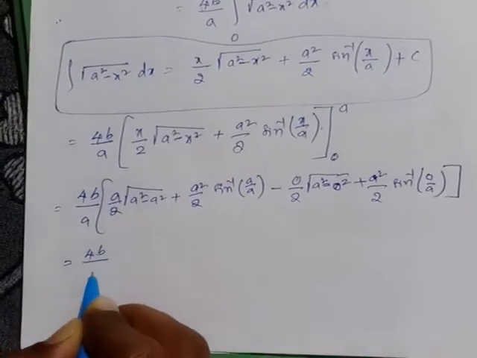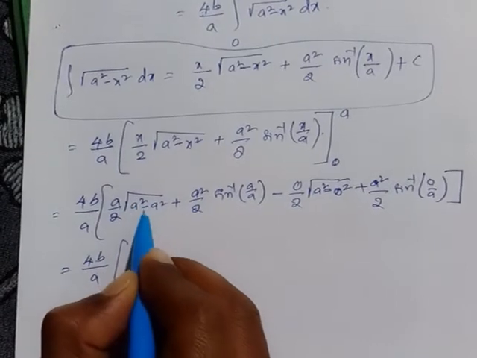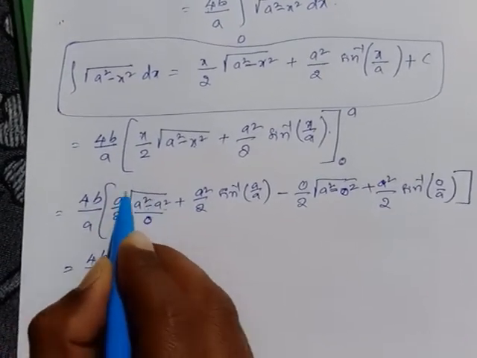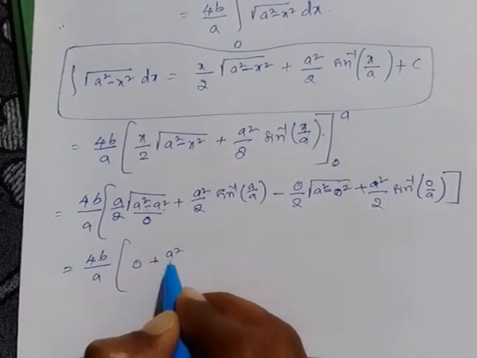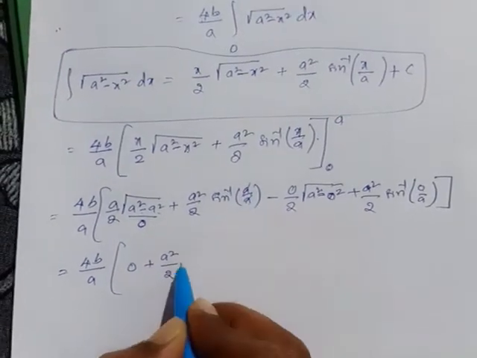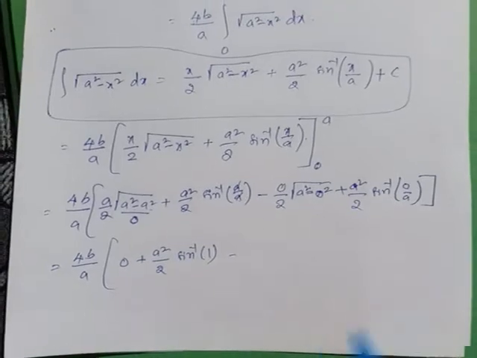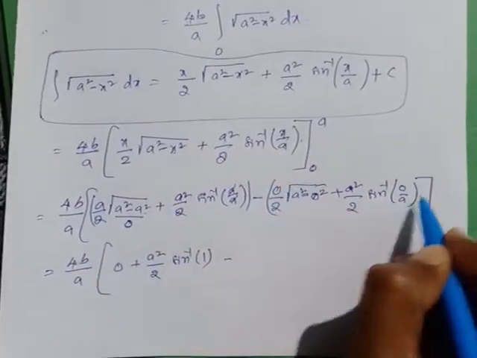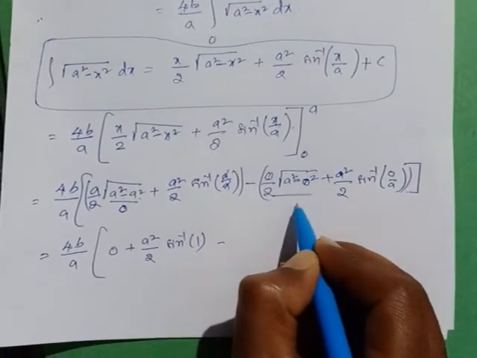That is equal to 4b by a whole into, see here, a square minus a square, this is 0. 0 into anything, this total is 0. 0 plus a square by 2, a by a gets cancelled, so it is sine inverse of 1, minus, next 0 into anything is 0, this total is 0.